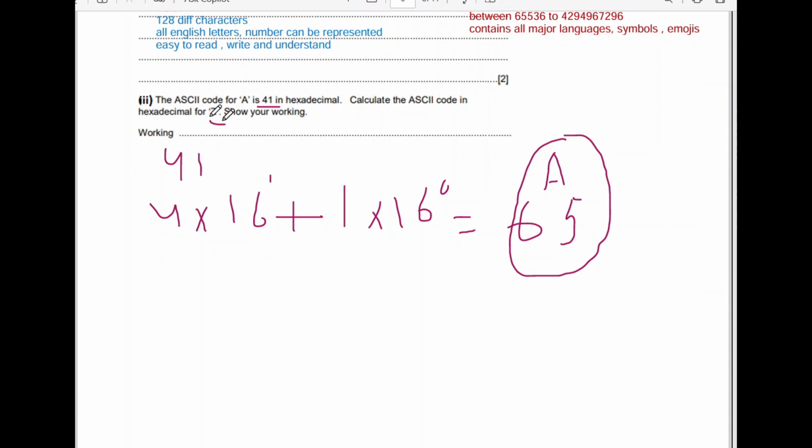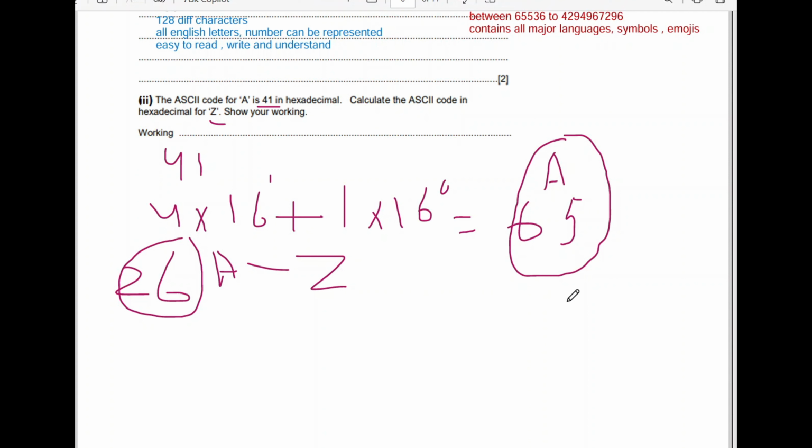Okay, so they're asking you to calculate the value for Z. So how many letters do we have in English from A till Z? We have in total 26 letters from A till Z. Okay, and the first letter is being calculated. Its value is 65. How many are left? 25.